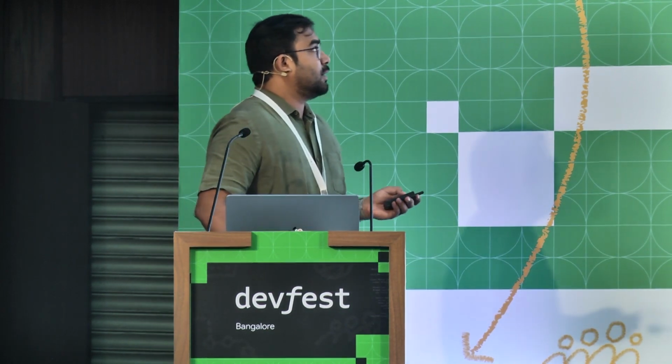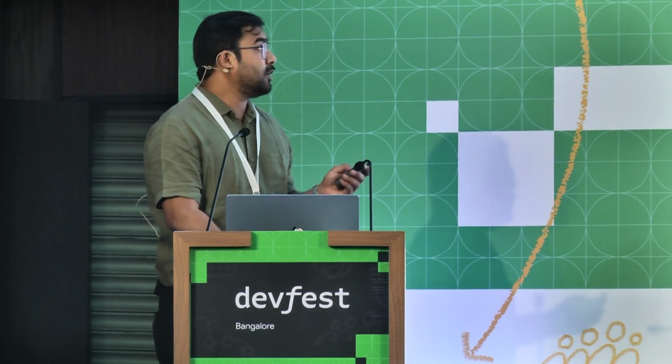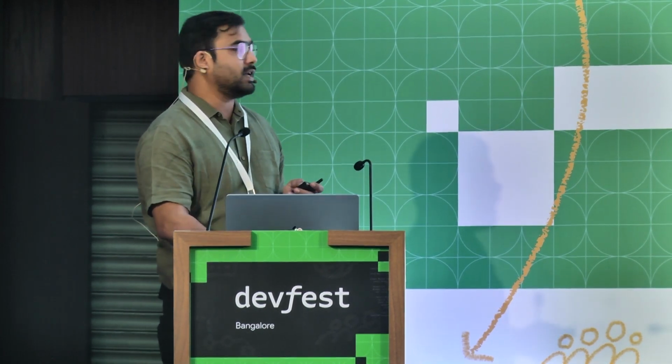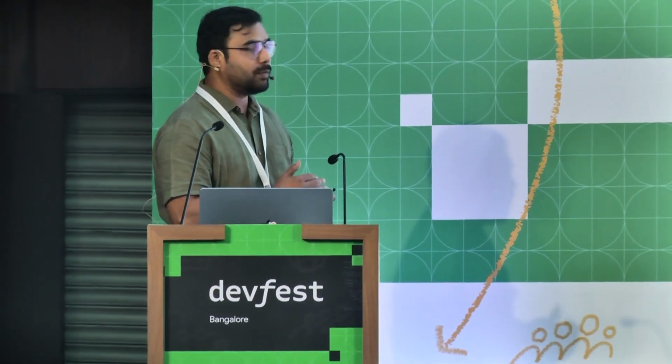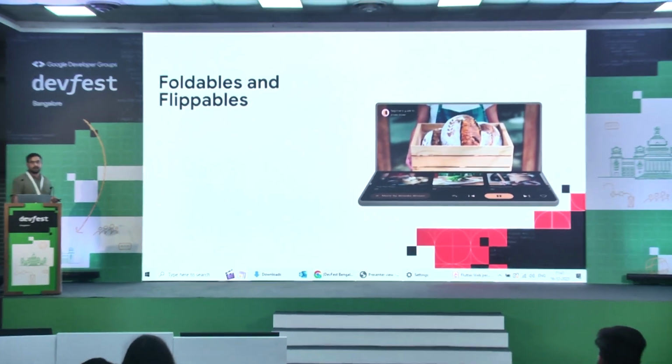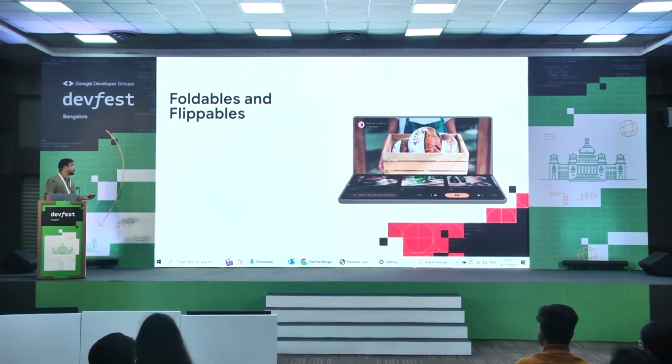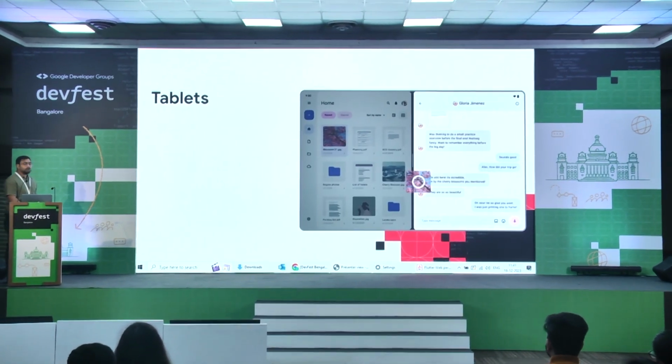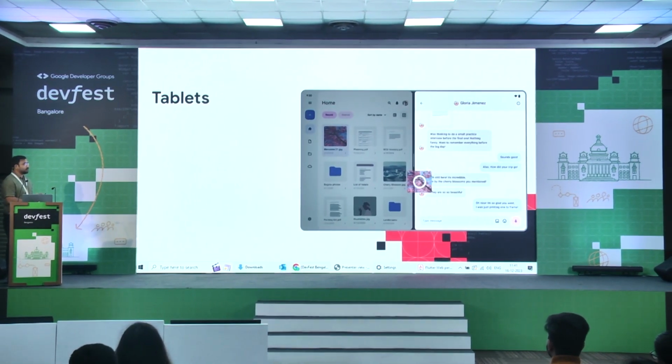And flippables are not exactly large screen, but they have a different assumption than normal phone form factors, that you can try your app on. When I talk about tablets, tablet is a huge screen.